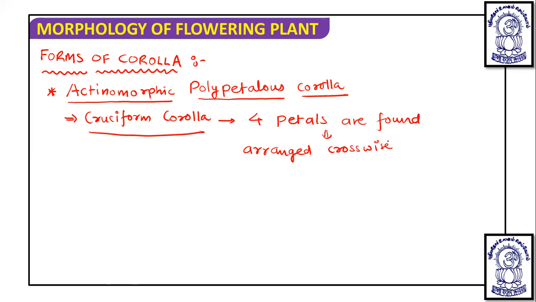So they are arranged like this. You can see they are seen crosswise, this and this. Like this, when they are seen crosswise, it is known as a cruciform corolla.